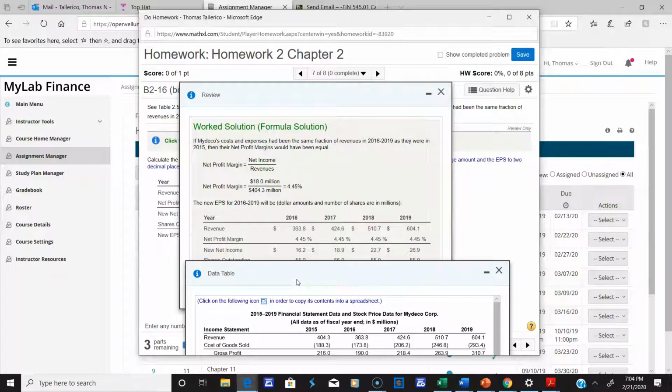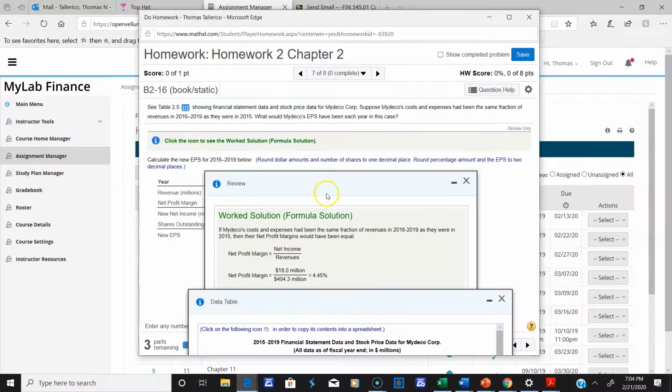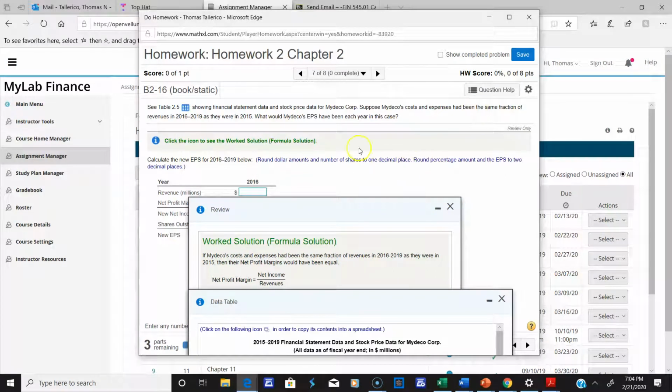Now, what they want you to do is keep that constant. You see what they say here? They said to keep that constant very carefully, if it's the same fraction as they were in 2015.